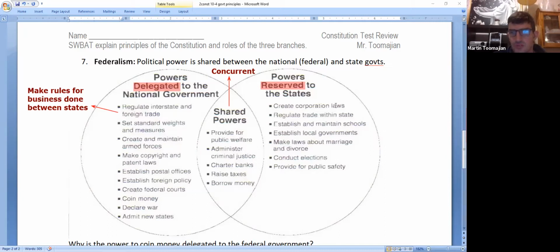Corporation laws are laws for businesses, which is actually kind of a big deal because different states have different laws related to taxes. And so lots of people say, let me set up my company in a state where I don't have a whole lot of regulations. There aren't a lot of rules for my business. Therefore, I'll be able to make more money.